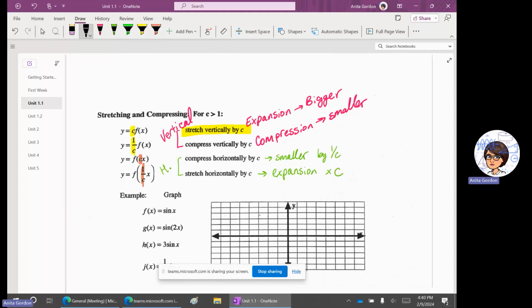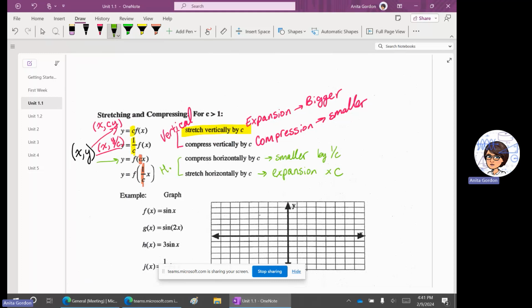Okay, so again, if we're thinking of the mapping coordinates, if my original coordinates are x, y, then to go here, this would be x, C times y. This one would be x, y over C because it's in the denominator.